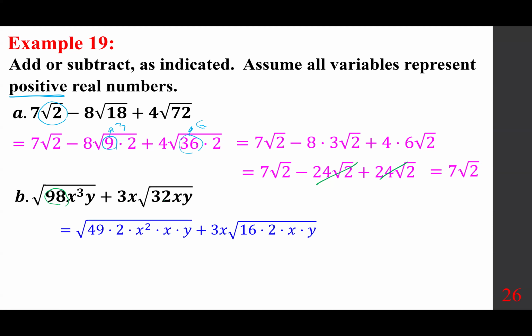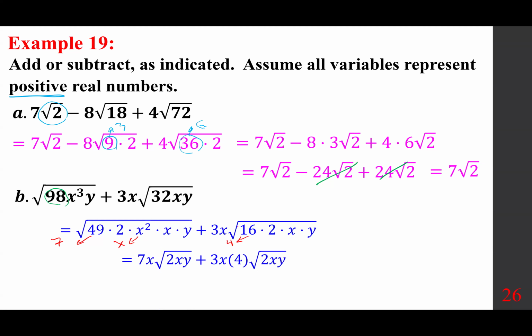And so the reason we cut them in this format, because we know 49 comes out as 7, x squared goes out as x, 16 goes out as 4, and everything else remains.